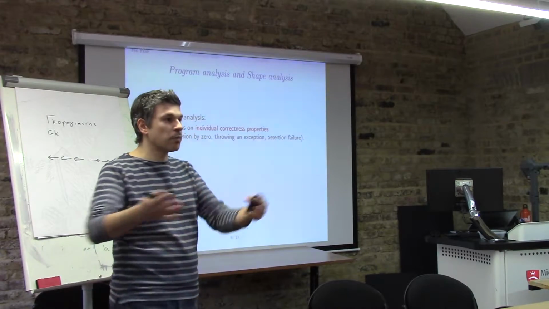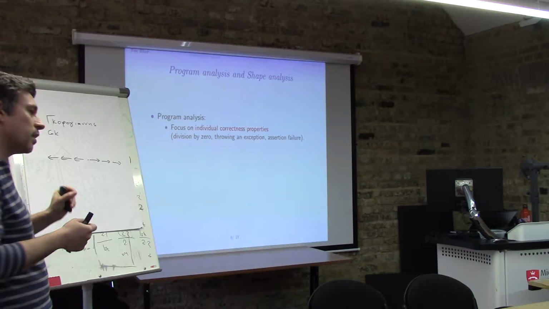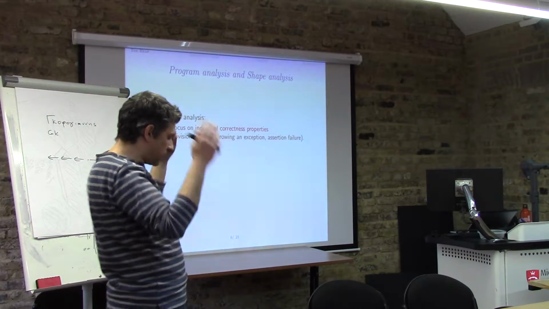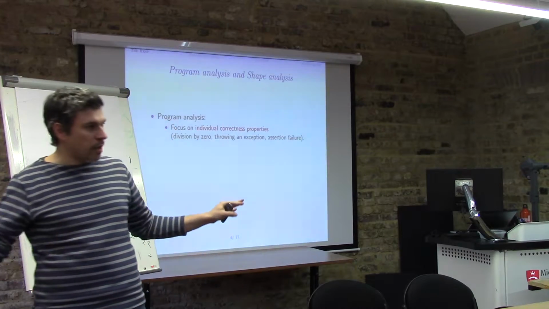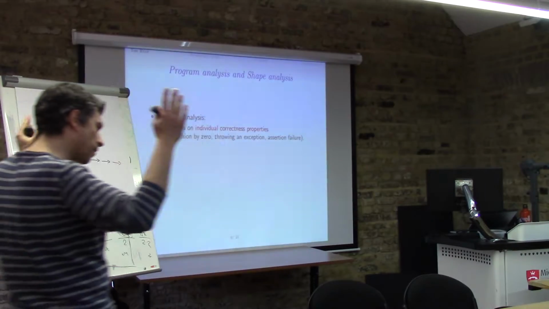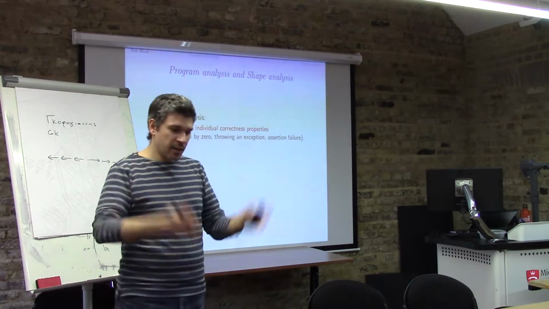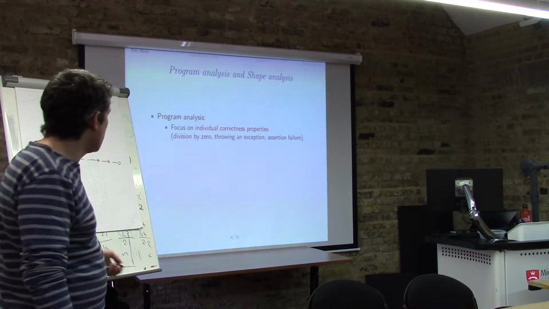You give them some code and they come back and prove a small theorem. They will tell you, oh, this code doesn't, I don't know, divide by 0. I don't know anything else about it, but I can tell you it doesn't divide by 0. So we make the problem easier by focusing on smaller safety properties.